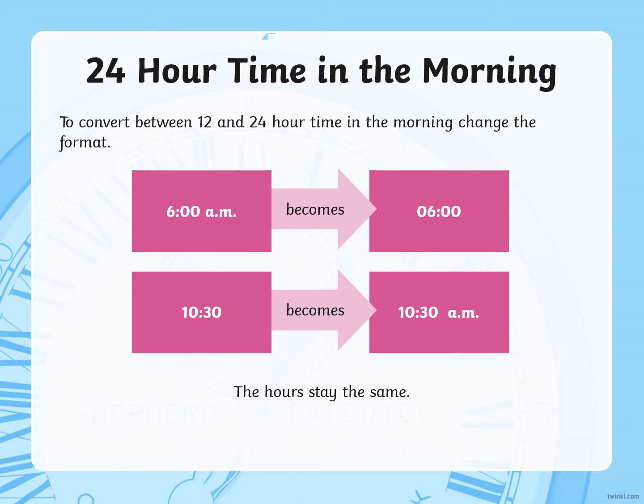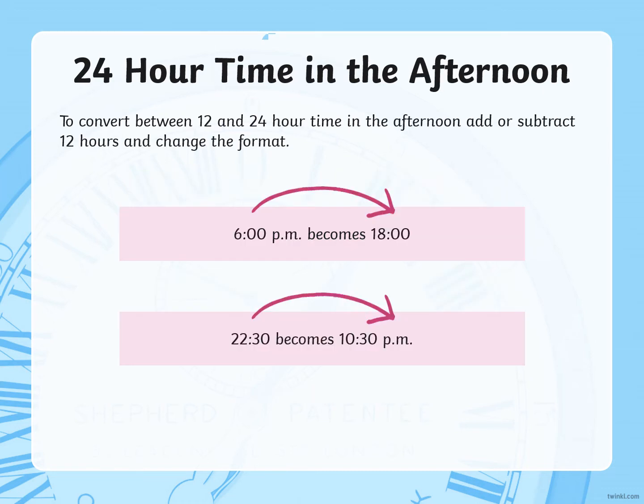The hours stay the same. 24-hour time in the afternoon. To convert between 12 and 24-hour time in the afternoon, add or subtract 12 hours and change the format. 6 PM becomes 1800. 22:30 becomes 10:30 PM.